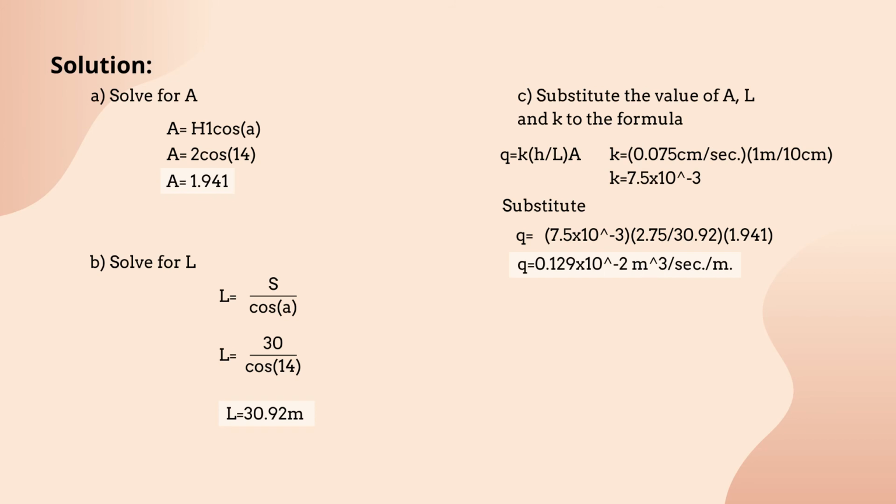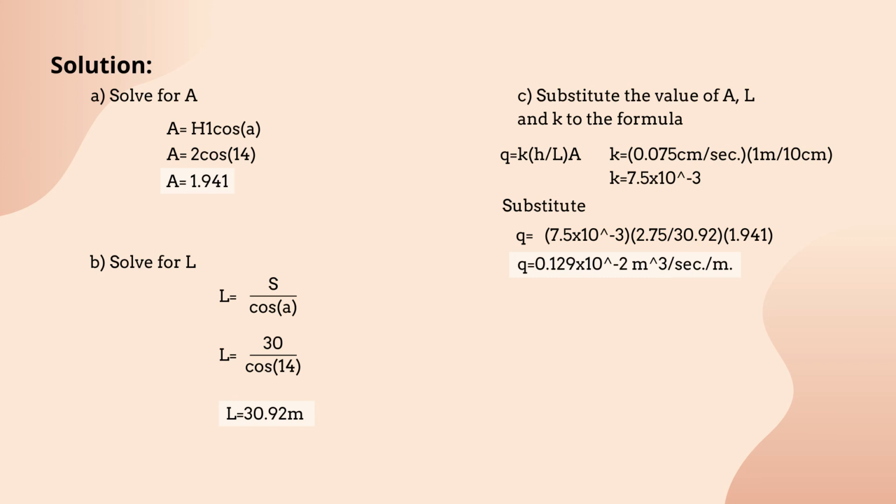So now our value of k is equal to 7.5 times 10 to the power of negative 4 meters per second.